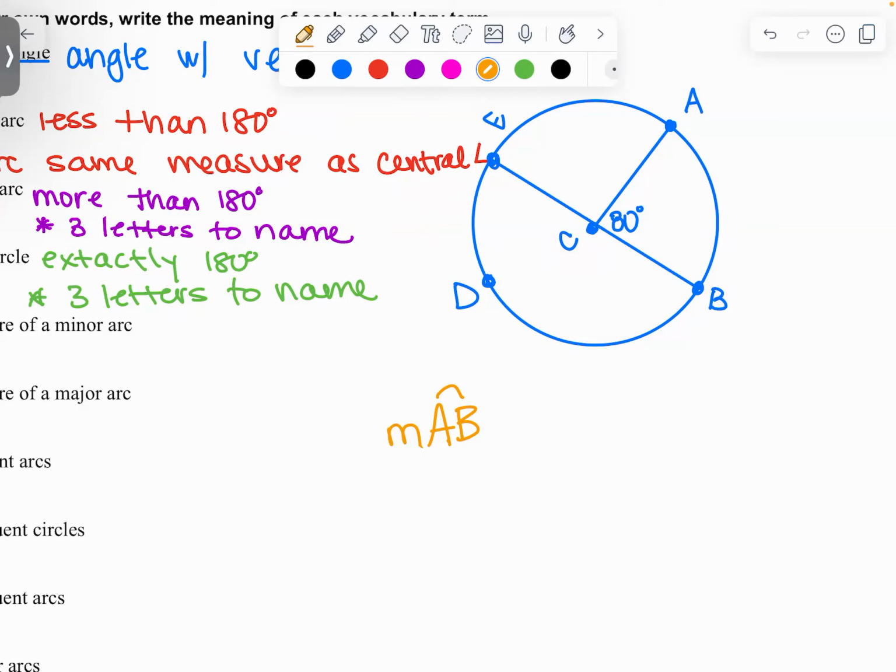Exactly from this picture, 80. So the arc is this guy right here. That arc is 80 degrees because the central angle is 80 degrees.